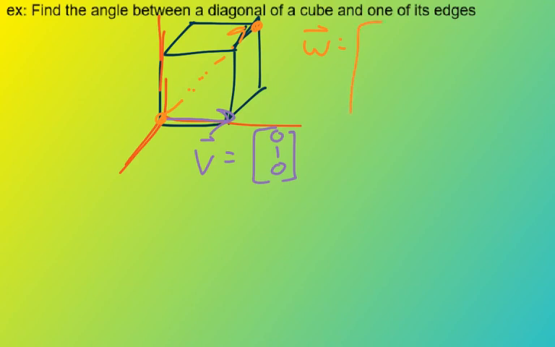I'm moving nothing in the x, I'm moving back here, -1 in the x. And then I can think of moving 1 over in the y. And then I move 1 up in the z direction.